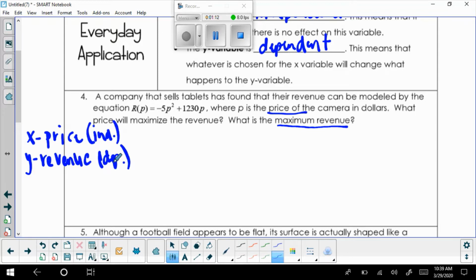This equation is given to us in standard form of a quadratic. So we need to find our vertex. So we've got to start with our x equals opposite b over 2a. So negative 1,230 over 2 times negative 5. So we're going to type that in our calculator. Hit your fraction button.